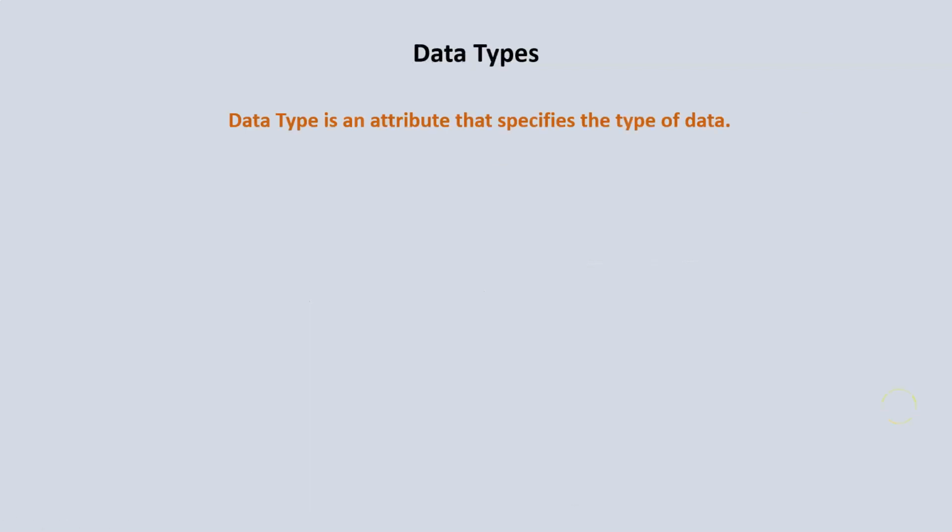Next, let's take a look at data types in SQL. A data type is an attribute that specifies the type of data. We have the numeric data type, string data type, and date data type.